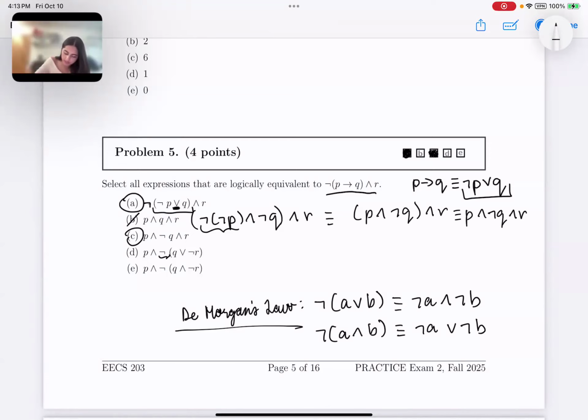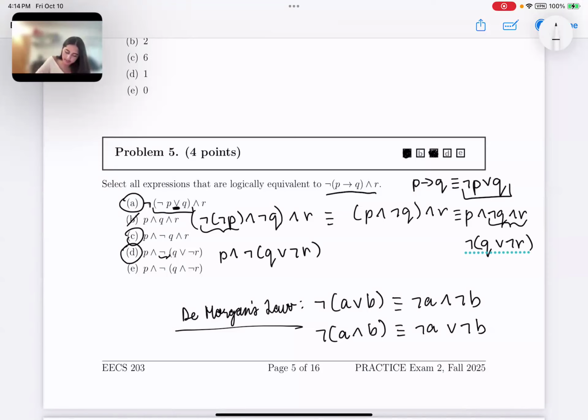So we have an and statement over here, not (Q and R), which is going to be the same thing as not Q or not R. Basically, what we're doing is we're negating each of the variables inside of the statement and flipping the and to an or. And so we are going to get P and (not Q or not R).